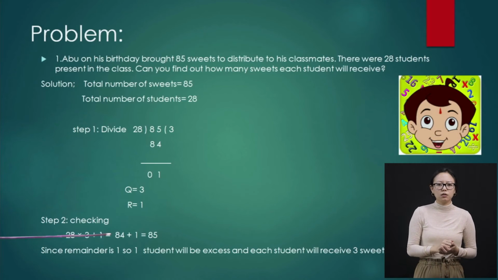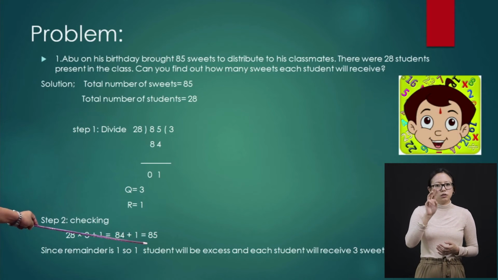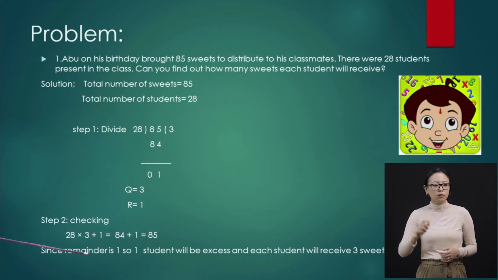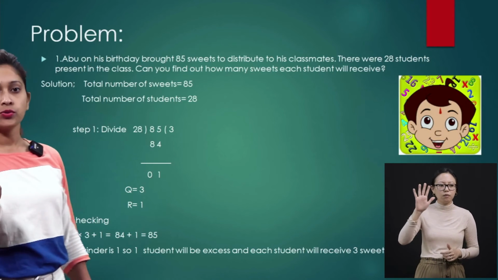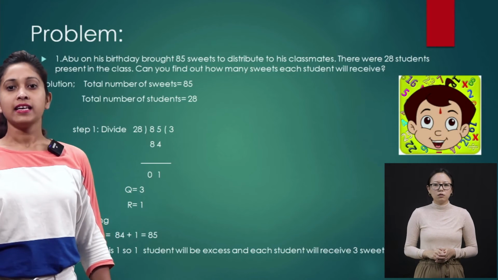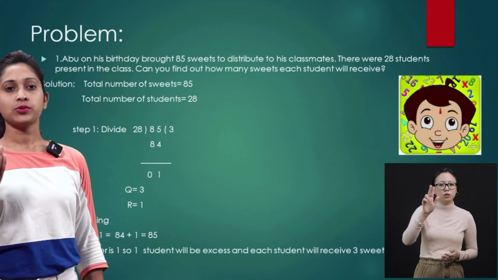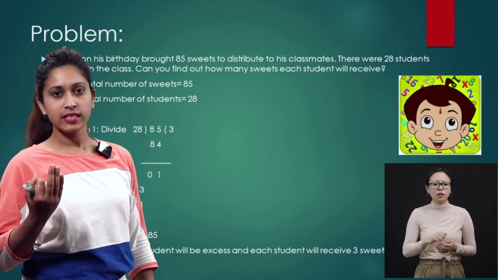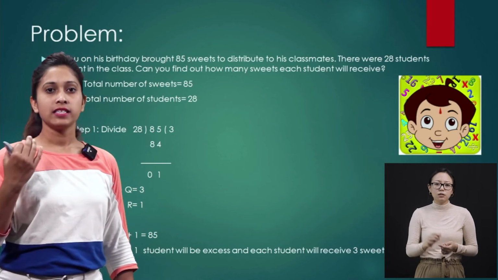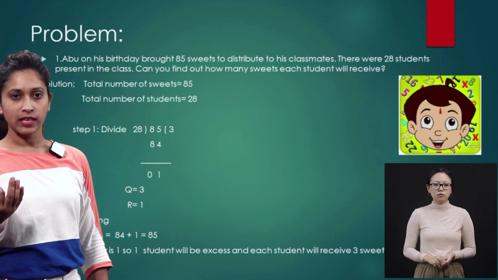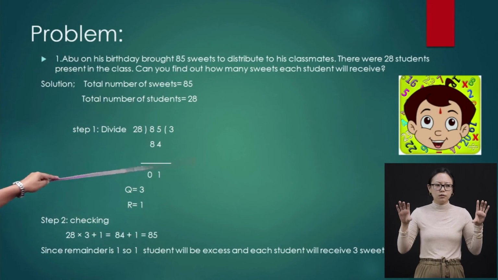Then plus 1, it will turn to 85, right? So since remainder is 1, one sweet will be excess and each student will receive how many sweets, children? Each student will receive 3 sweets out of 85 sweets. Am I clear, children? Okay.